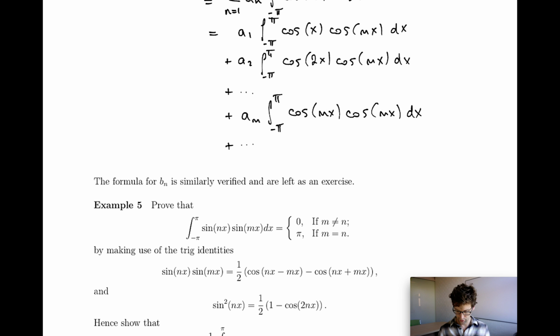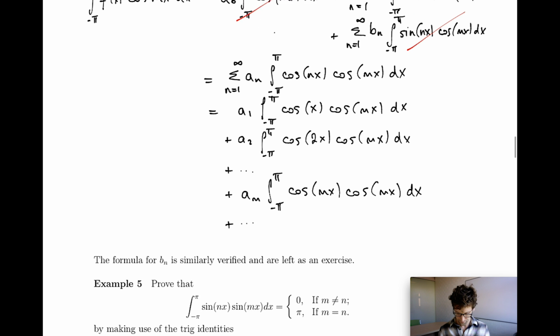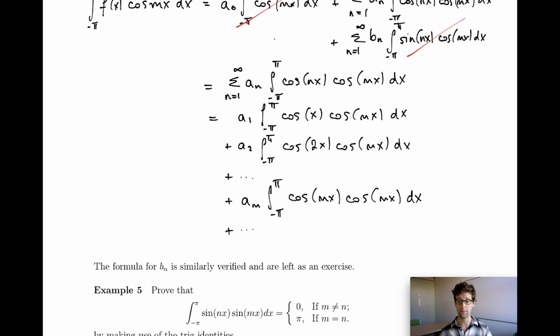So I have all of my integrals now, and there are infinitely many of them. Cosine x, cosine mx, cosine 2x, cosine mx, all the way up to cosine mx, cosine mx, and higher orders. But only one of these integrals is going to survive, because the integral of cosine nx cosine mx is equal to 0 unless n and m are the same.